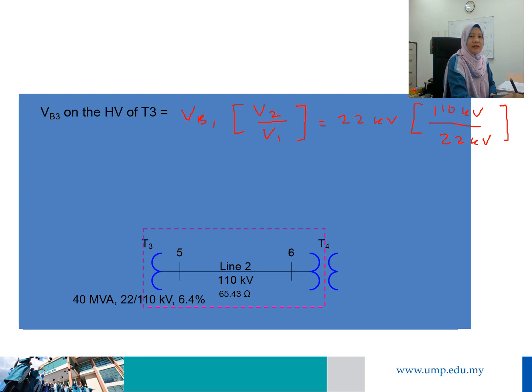So we get V base 3 equal to 110 kV. Similarly, we can also find the base voltage for region number 3 on the high voltage side of T4, and we will get the same answer, which is 110 kV.